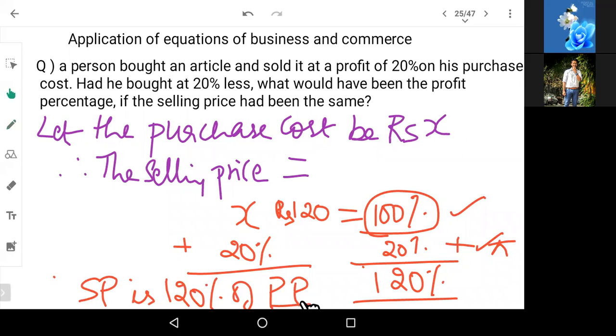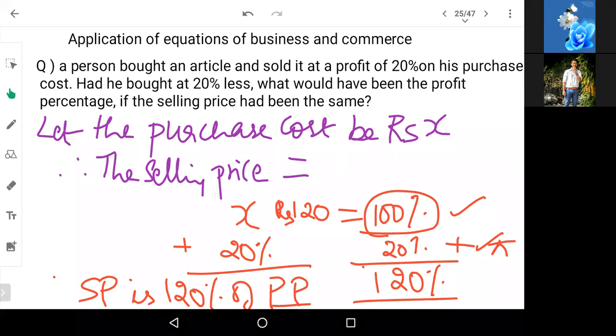Now did you understand? Everybody understood now? Guys, reply quickly. Okay, so that is the same thing that I am doing in this problem. Now I am defining a selling price.